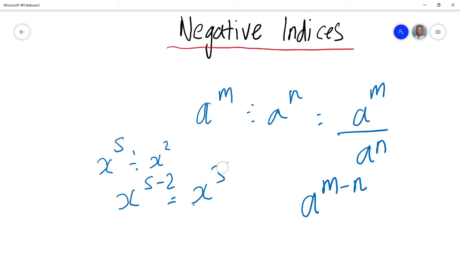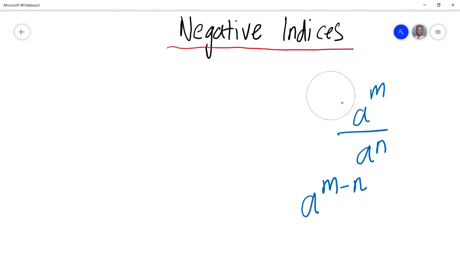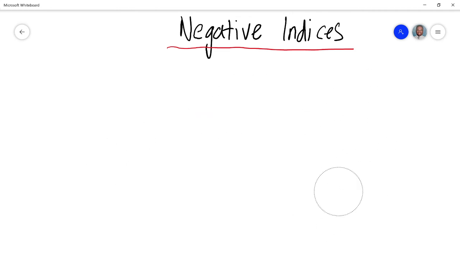Now let's look at the other rule, which is the bracket rule. Suppose you've got a power in a bracket and a power outside the bracket. What do we do in a situation such as that? Let's say we have a to the power m, all in brackets, to the power n.